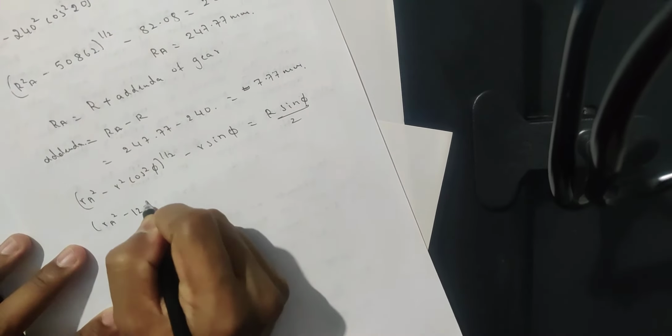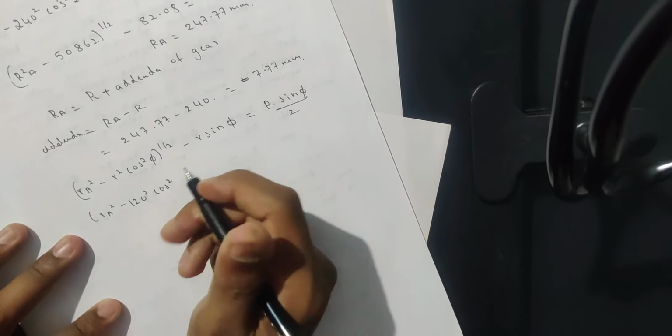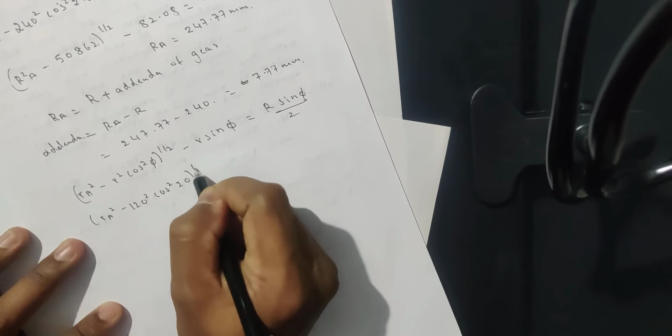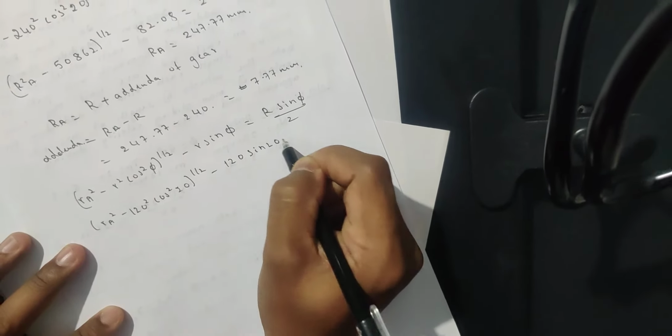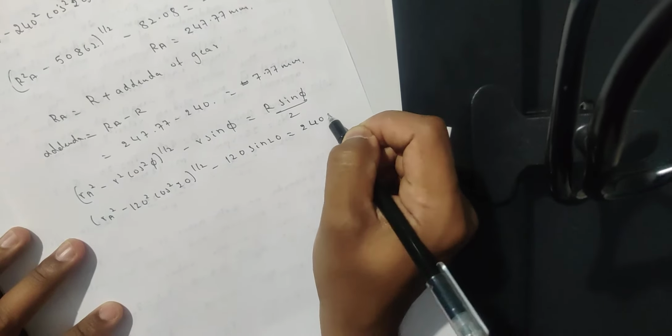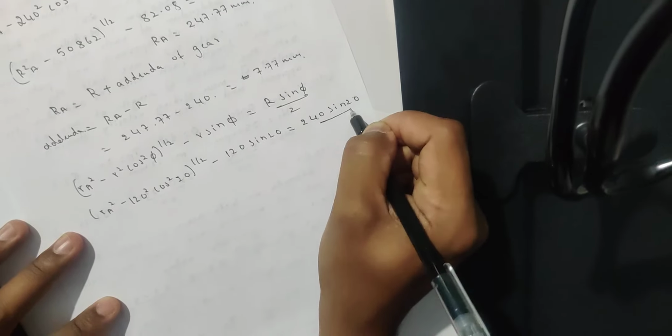This is the formula you have, so substitute the values here: 120 square cos square 20 into 1 by 2 minus 120 sin 20 equal to 240 sin 20 divided by 2.